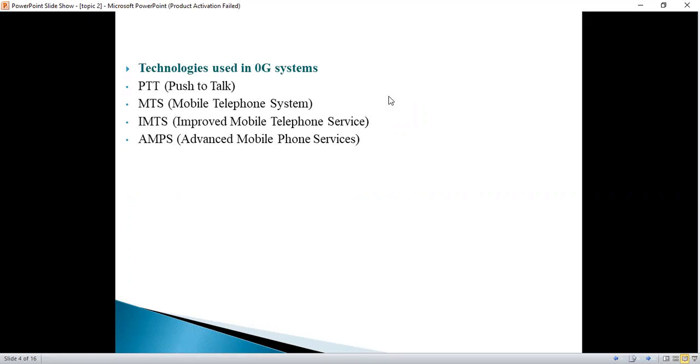IMTS is improved mobile telephone service, meaning it was connected to the public switched telephone network, which was first used in your landline, and all the services were provided by your public switched telephone network. Then you have AMPS. AMPS is a certain type of standard that provided standard frequencies of service for the zero G phones.